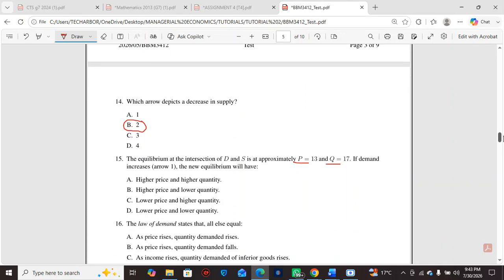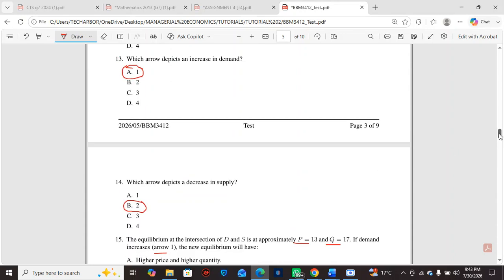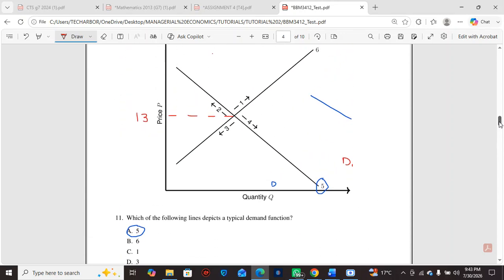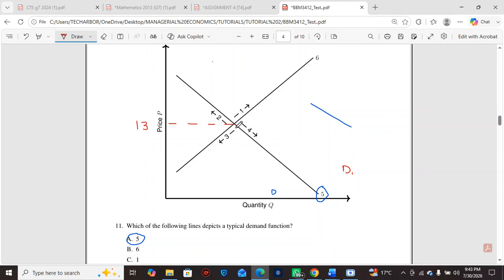The demand increases by arrow 1. The new equilibrium will be here. So when demand increases by arrow 1, it shifts like this.